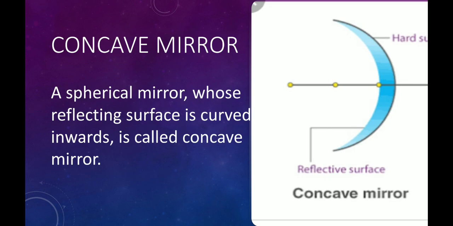What is concave mirror? A spherical mirror whose reflecting surface is curved inwards is called concave mirror. You can observe in the picture the reflecting surface is inward here and it is a part of sphere. When light falls on this mirror, it will reflect back and it produces an image.